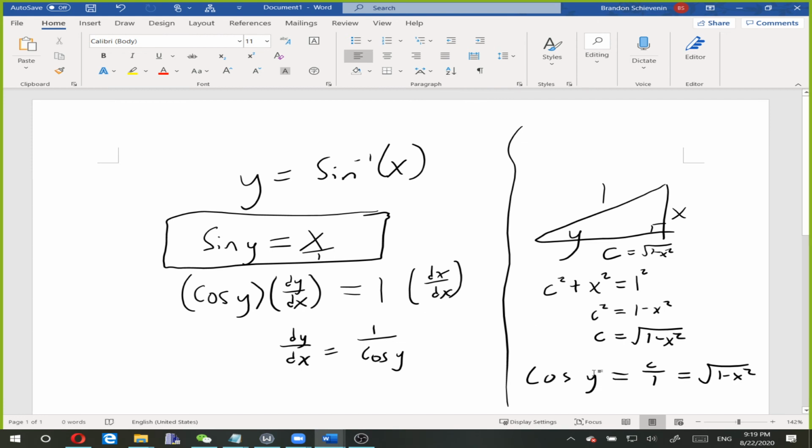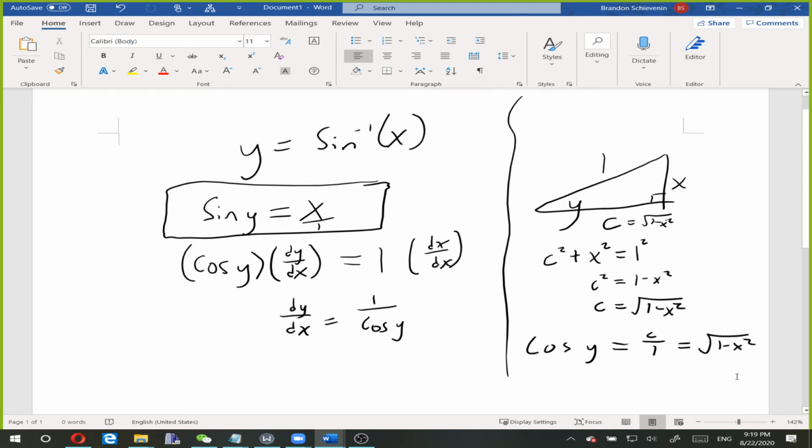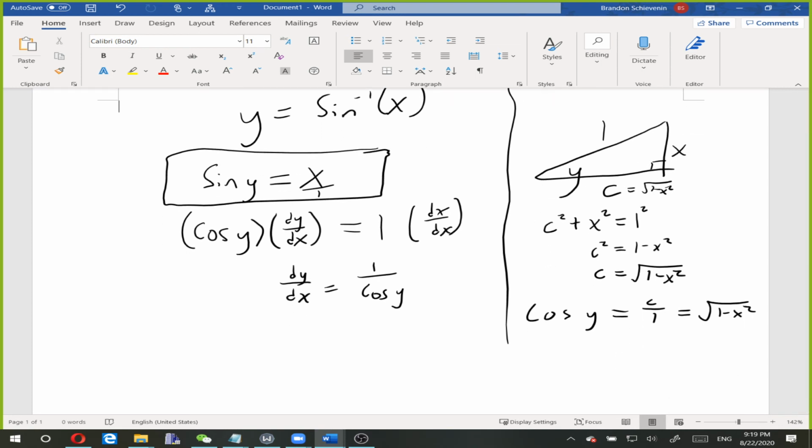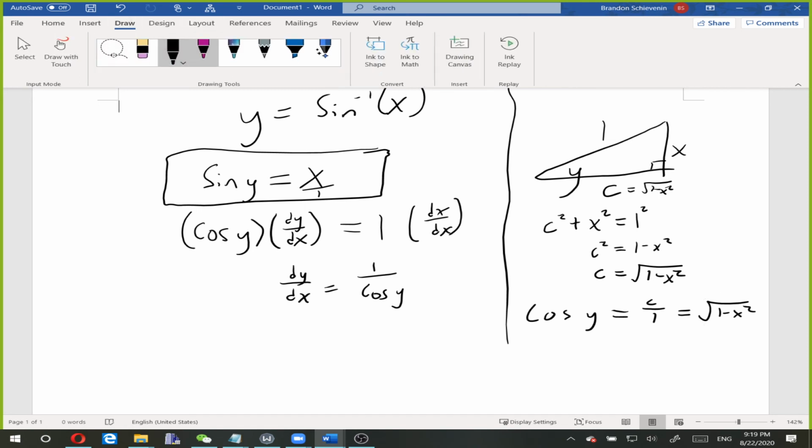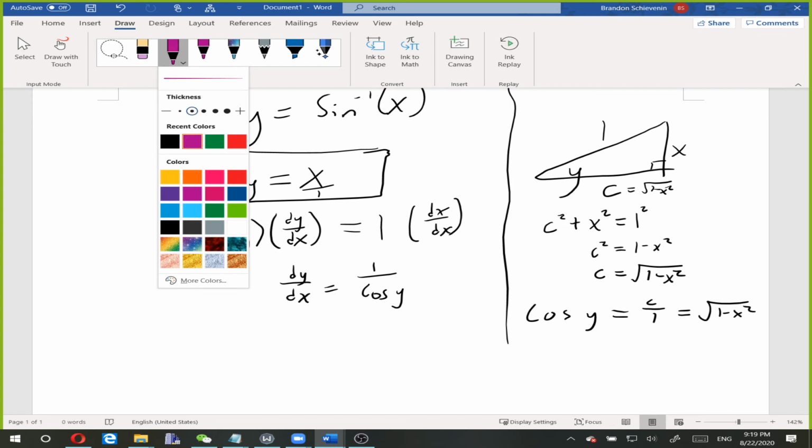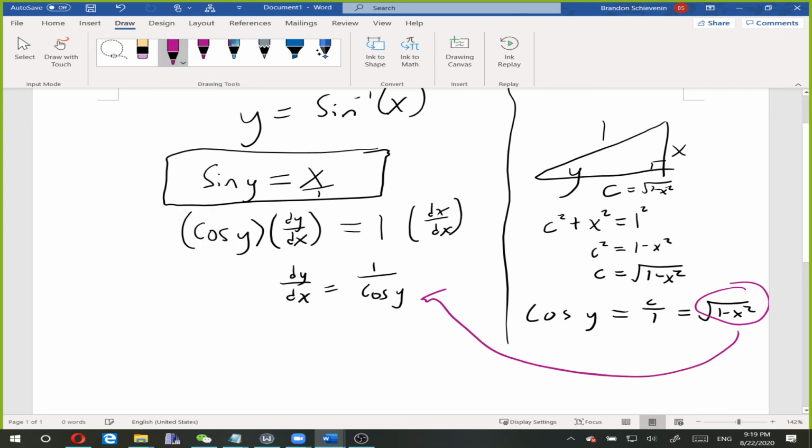So I can replace the cosine of y with square root 1 minus x squared into our equation here. Okay, so that would give me dy over dx is equal to 1 over the square root of 1 minus x squared. Or the derivative of y is equal to dx over square root 1 minus x squared.